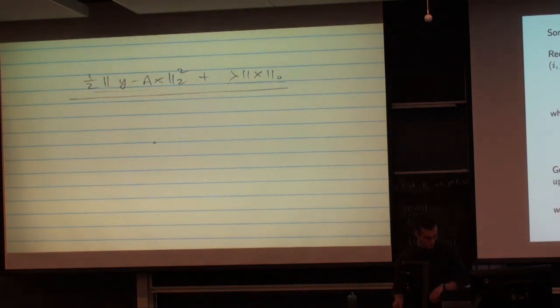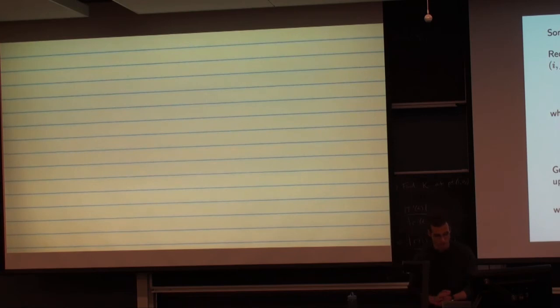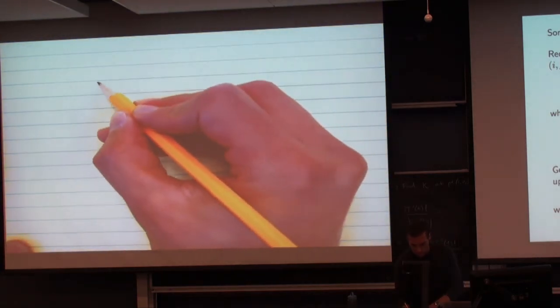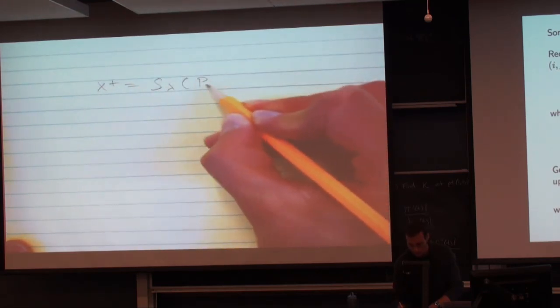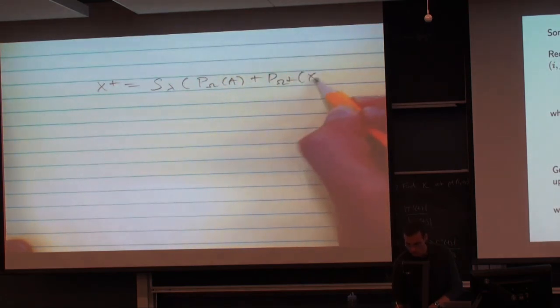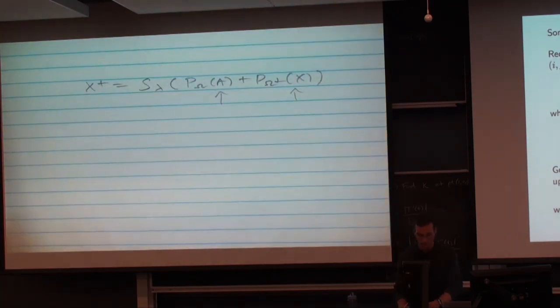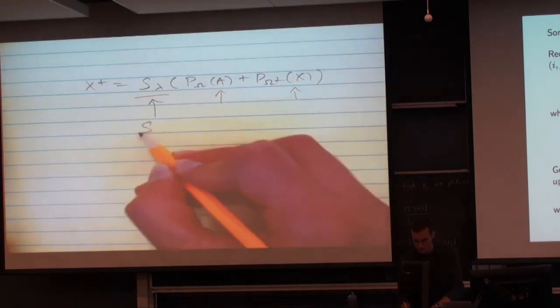So here's an example in which acceleration can actually be harmful. We're going to return to the matrix completion example, and like we talked about at the start of class, this is what our updates look like. I do this matrix soft thresholding on a matrix composed of two parts, one from the observed A and one from the estimated variable X. This matrix soft thresholding operator requires the SVD.